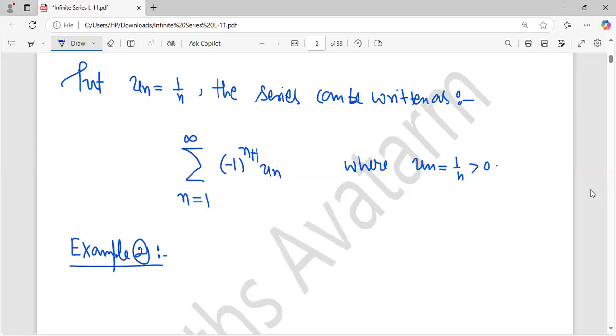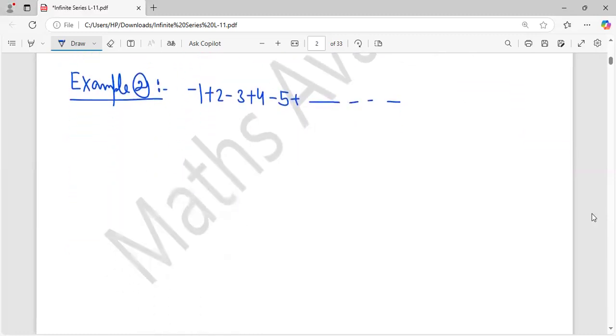You see this one: minus 1 plus 2 minus 3 plus 4 minus 5. So this is also an alternating series. Its first term is minus 1, then positive term 2, and third term is negative, fourth term is positive.